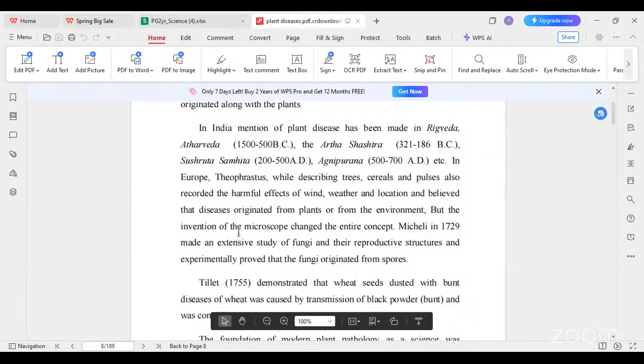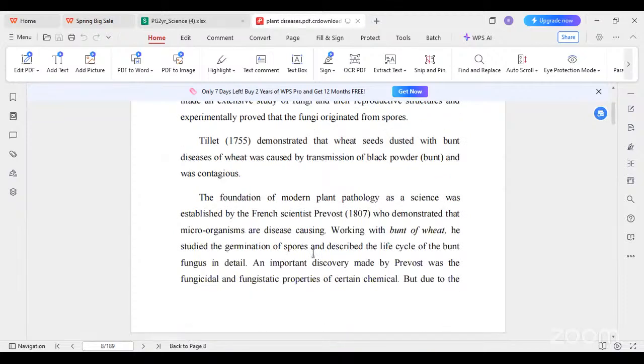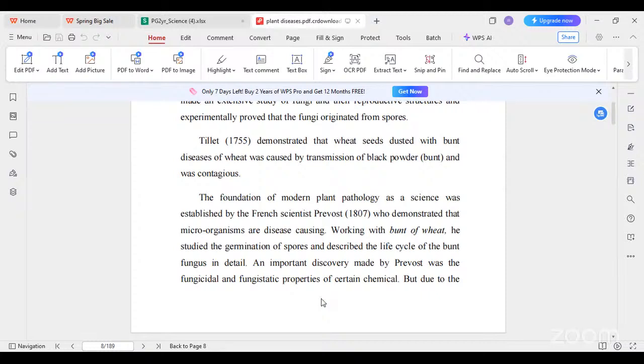Micheli in 1729 made an extensive study of fungi and their reproductive structures and experimentally proved that fungi originated from spores. Till late 1755, it was demonstrated that wheat seeds dusted with the black powder of bunt disease of wheat transmitted the disease, and that it was contagious.